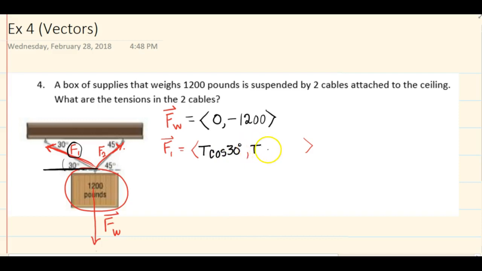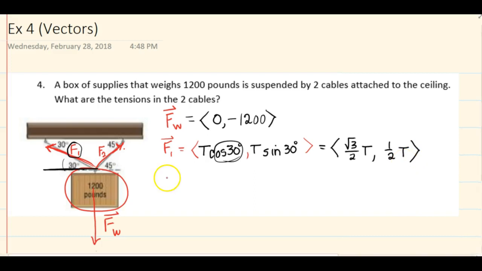And over here will be that tension, whatever that tension is, and sine of 30 degrees. So we can actually find this to be, knowing that the cosine of 30 degrees is the square root of 3 over 2, and sine of 30 degrees is 1/2. So we can write it like this.